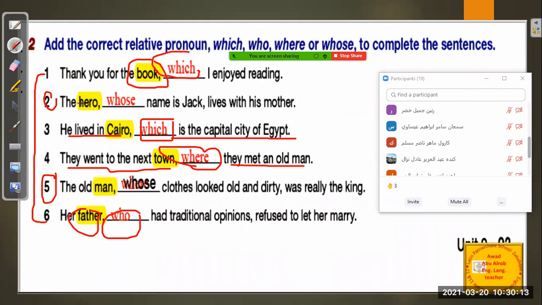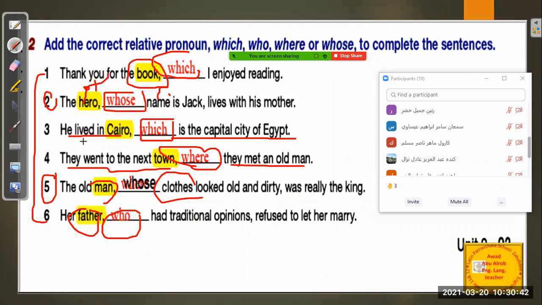You can see that he's talking about possession. So the hero, whose name? We always notice whose comes between one noun and another noun. Whose is inserted between two nouns, the owner and the thing owned.